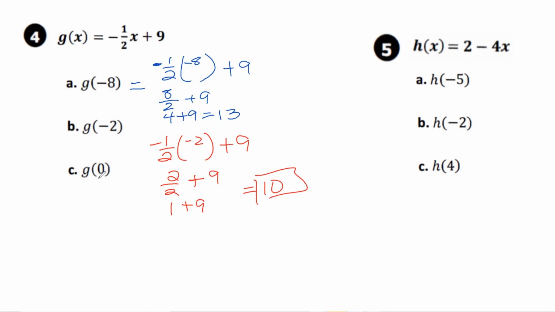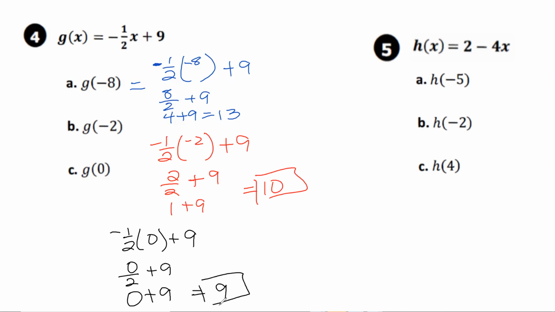All right, we're going to plug in 0. -1/2 times 0 plus 9. -1 times 0 is 0. 0 divided by 2 is still going to be 0. And then 0 plus 9 is 9. Okay. Questions over this?